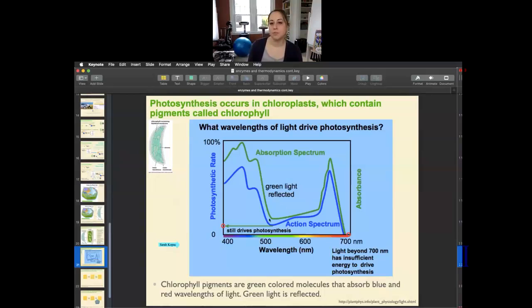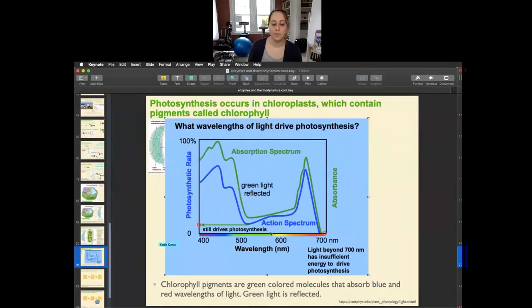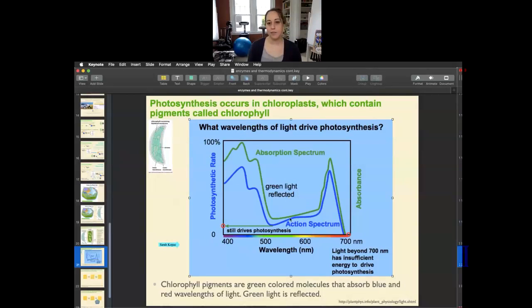So this is what is reflected. Plants are not using these wavelengths of light right here, but they are absorbing these wavelengths between 400 and 500, and then oftentimes they're also absorbing from 650 to 700 or something like that.